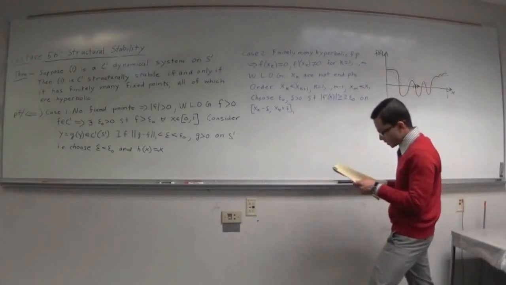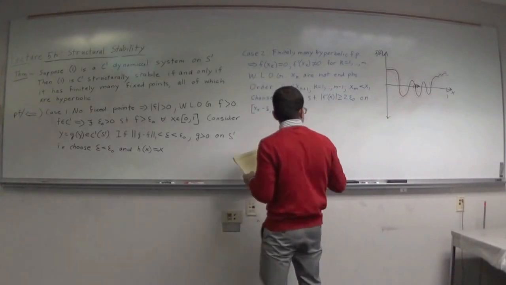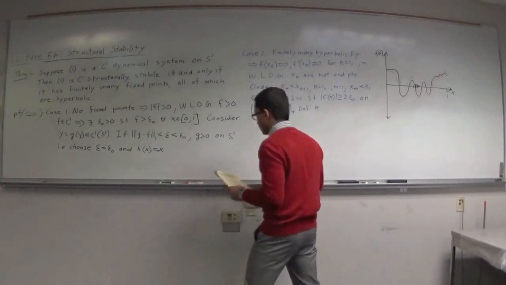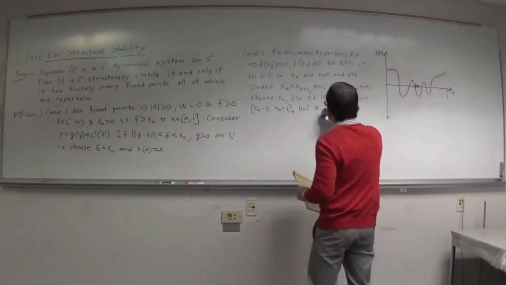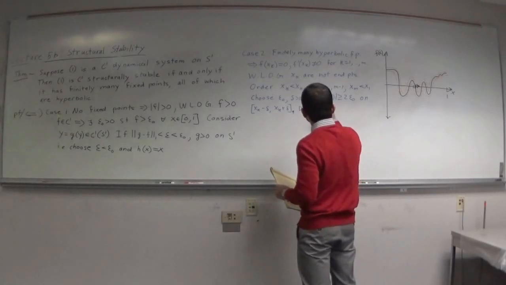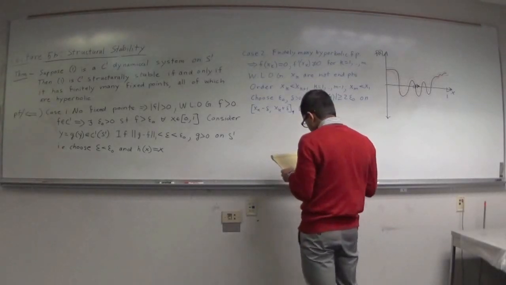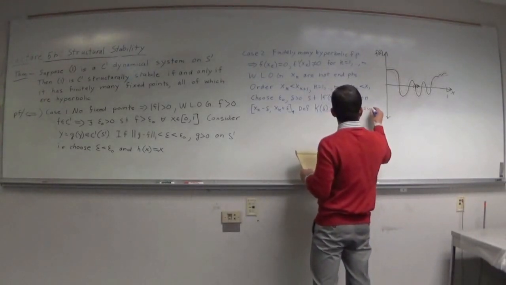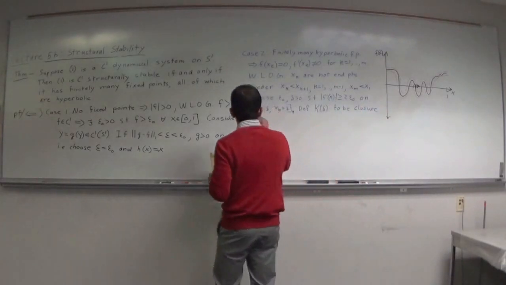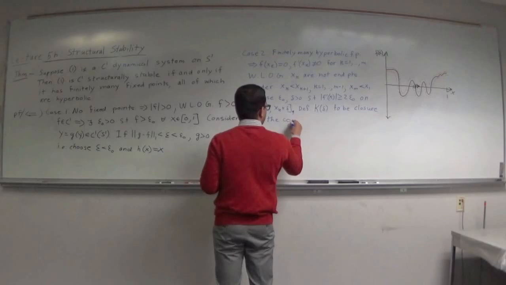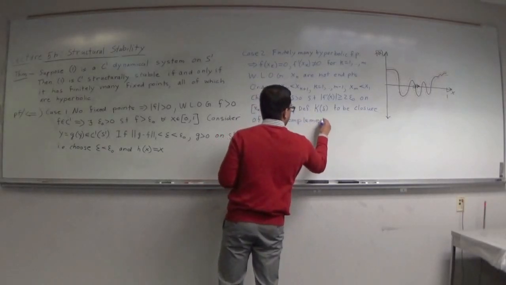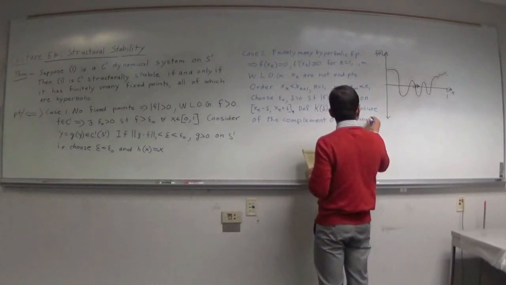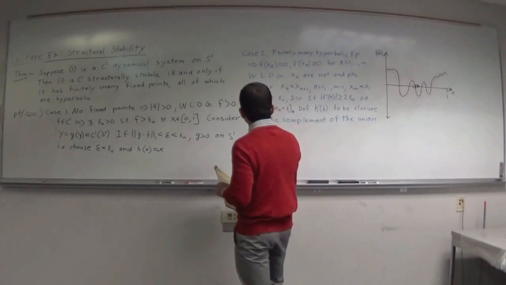So we're going to isolate these fixed points, and define, maybe I should call it kappa. Define kappa of delta to be the closure of the complement of the union of the intervals.